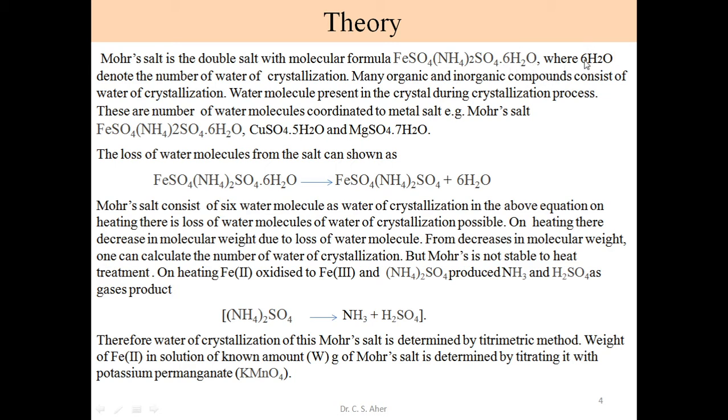This 6 H2O denotes the number of water of crystallization. When Mohr salt is formed, it requires binding, and this binding is given by these 6 water molecules. To form this crystal, this number of water molecules is needed, otherwise crystals are not formed. We have to determine this number in this experiment.